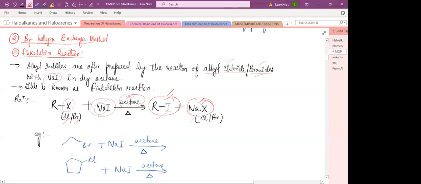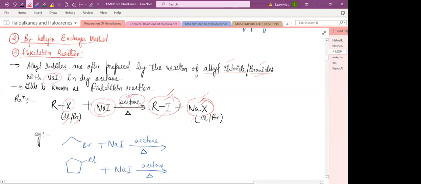Na plus X is removed, and you will get RI, alkyl iodide. So just remember, the Finkelstein reaction is for the preparation of alkyl iodides. Got it?